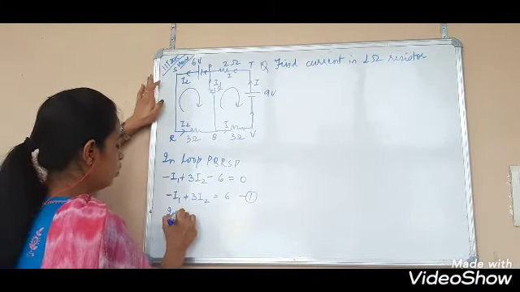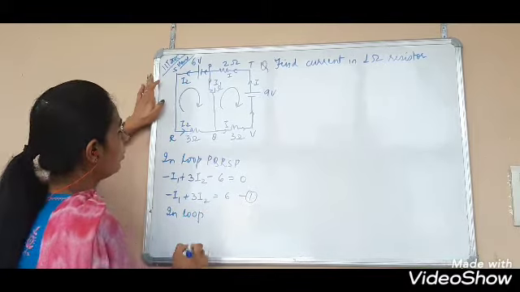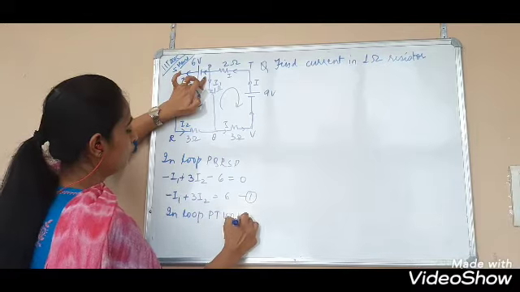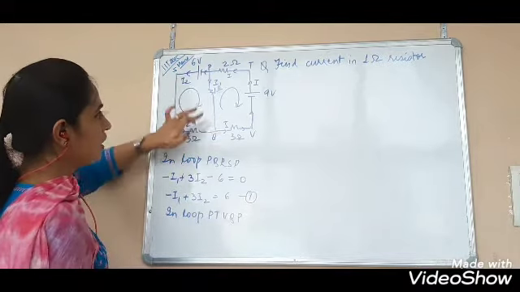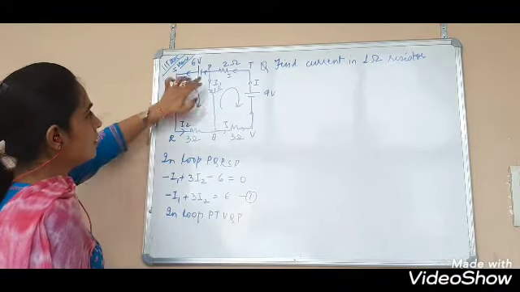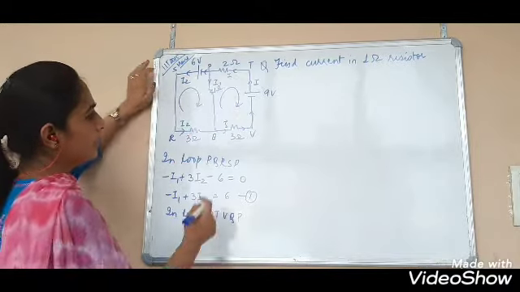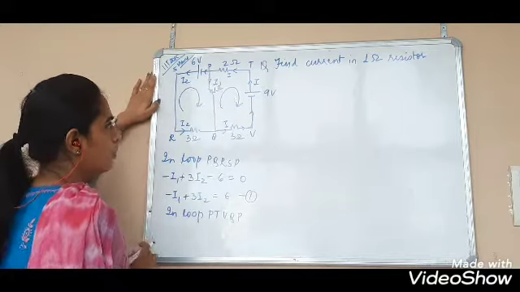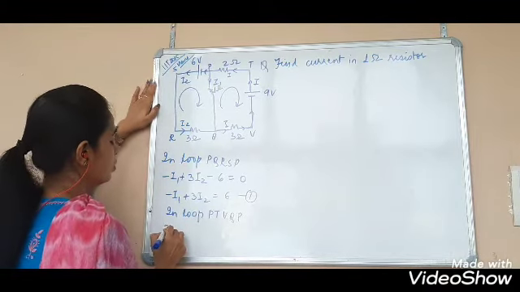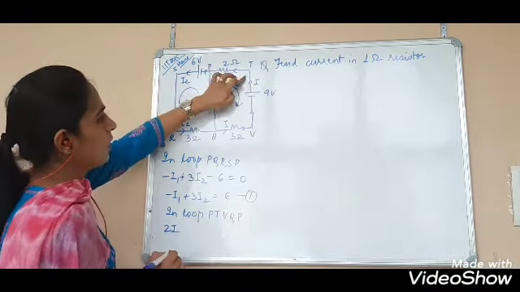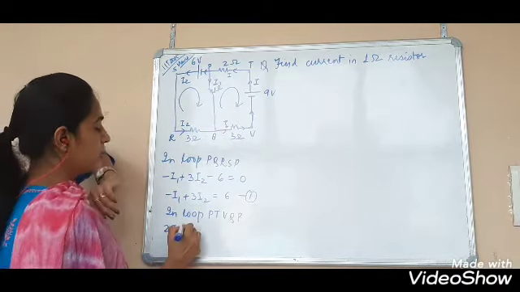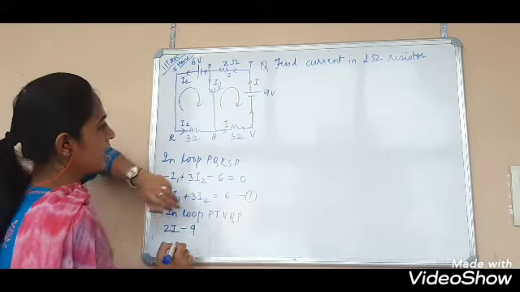Then in the second loop, you can take the second loop as PTVQP. In this loop, while going from P to T, current and path in 2 ohm resistor are in opposite direction, so that will be plus 2I. Okay, then going in this cell from higher to lower, so that is a drop, so minus 9.